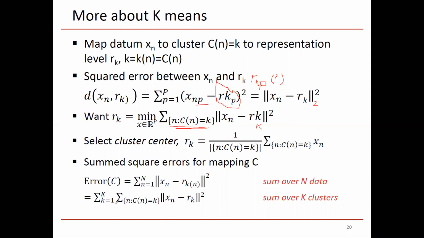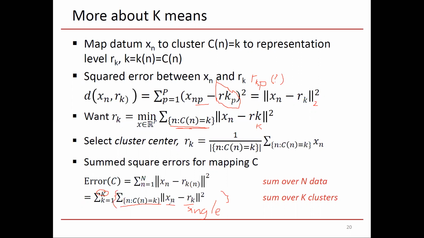Now, recall that we have capital K different clusters, and for each of these clusters, we have a range of points that is mapped to that cluster, and we have a summation over the squared L2 terms of the different xn's minus the single rk within this summation.